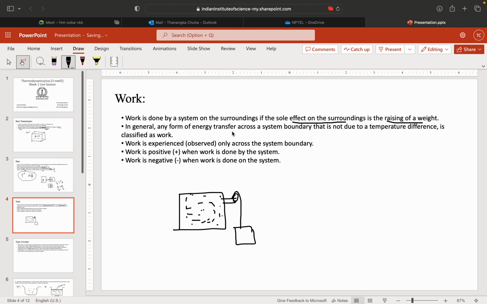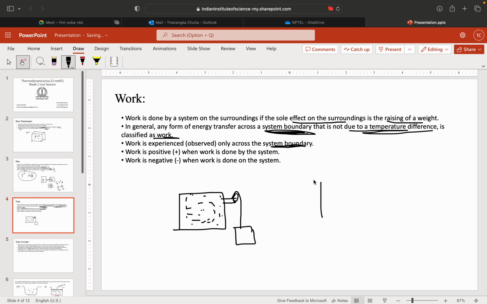Now if any form of energy transfer takes place across a system boundary and that is not due to a temperature difference, then we can call it work. Now the point to be noted here is that work is also a boundary phenomenon.